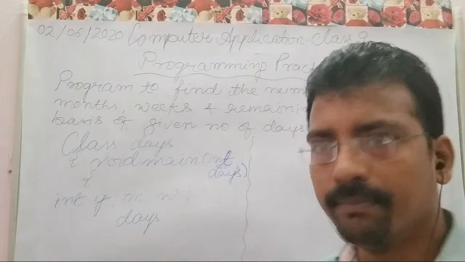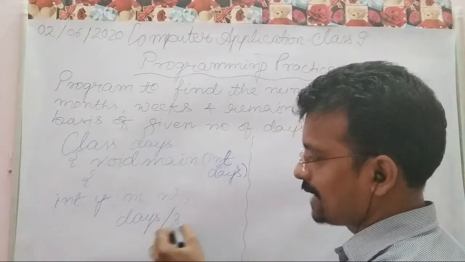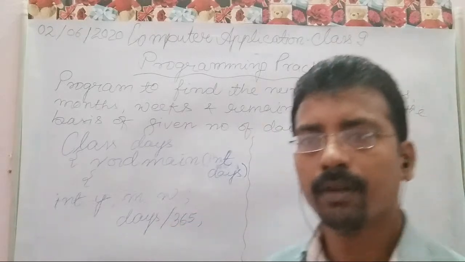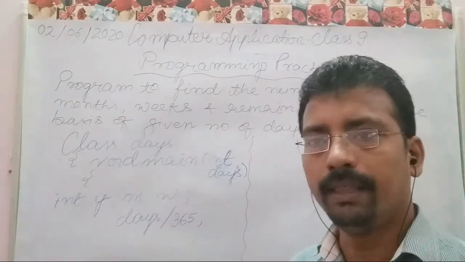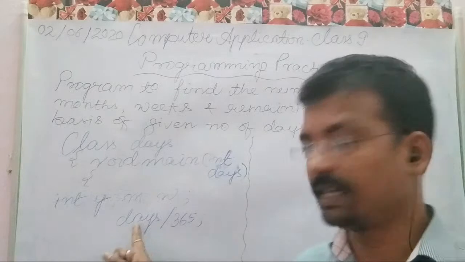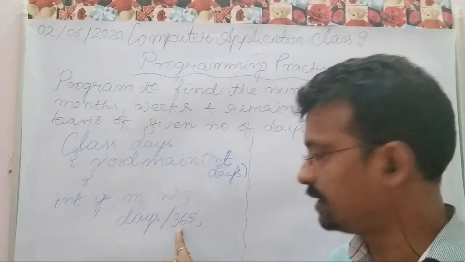And calling that number of days, we will divide first with the standard number of days in a year. Suppose 600 is the number of days we have taken for this variable, and we divide it with 365.